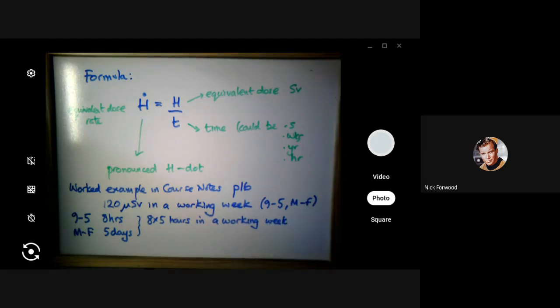So we can now do the sum. I'm going to have to go on to the next board, but we know 8 times 5 is 40.